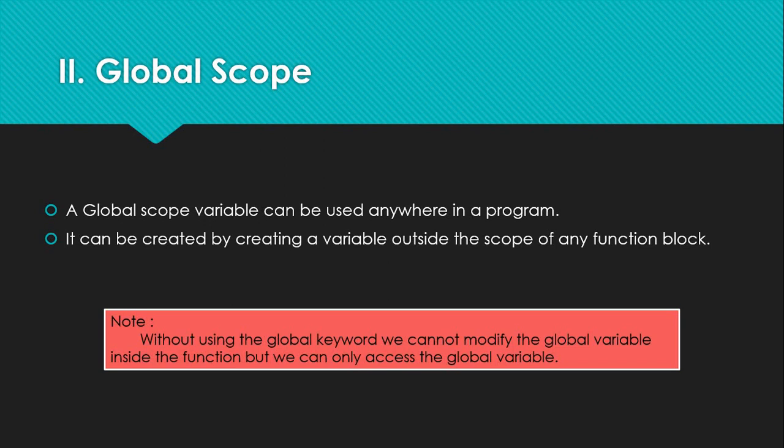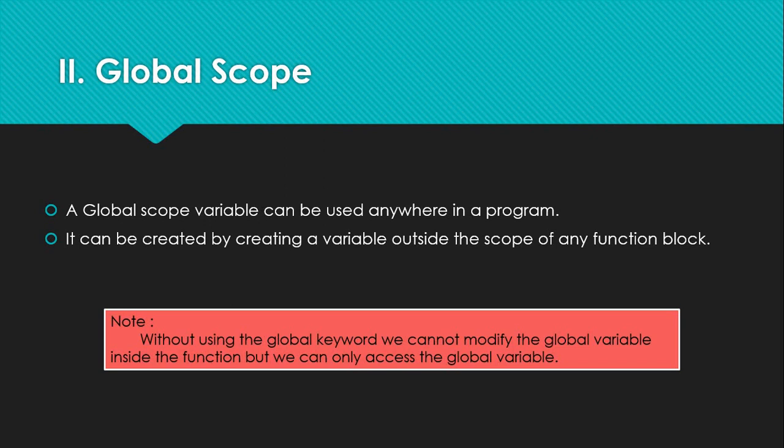And those variables that are declared outside the function are global variables, and by default they are global variables. So if you don't declare them as global, by default they'll be called global variables. And these global variables have a wider scope and they can be accessed from any part of the program.